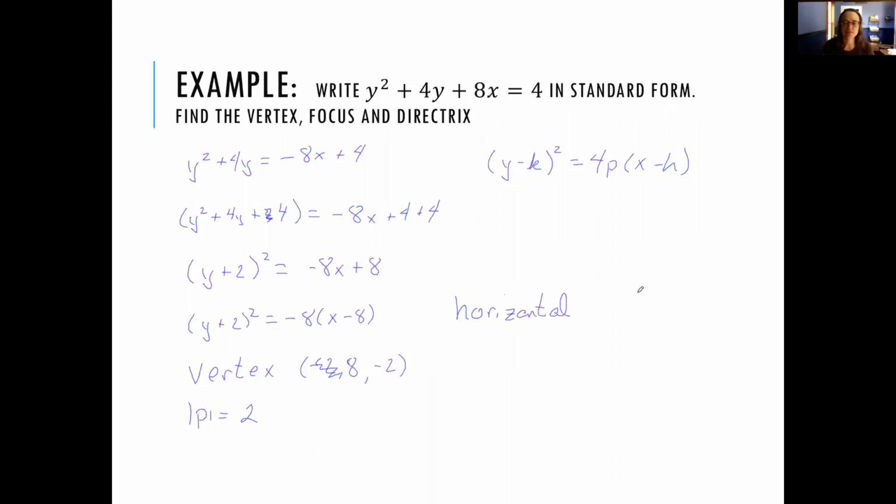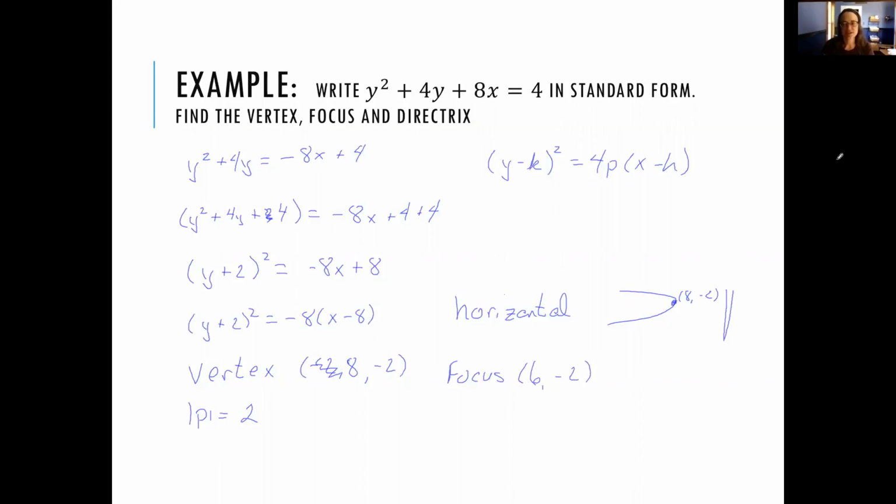And we know that this parabola opens to the left because p is a negative number. We've got a vertex here at 8, negative 2. My focus is 2 units to the left. So my focus is going to be at the point 8 minus 2, which is 6, negative 2.